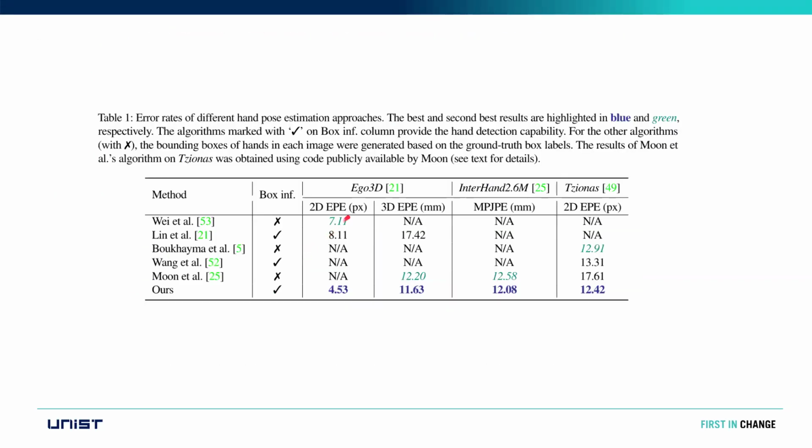In the case of 2D, they just project their 3D onto the image to get the 2D key points, and they achieve state of the art in almost all categories.